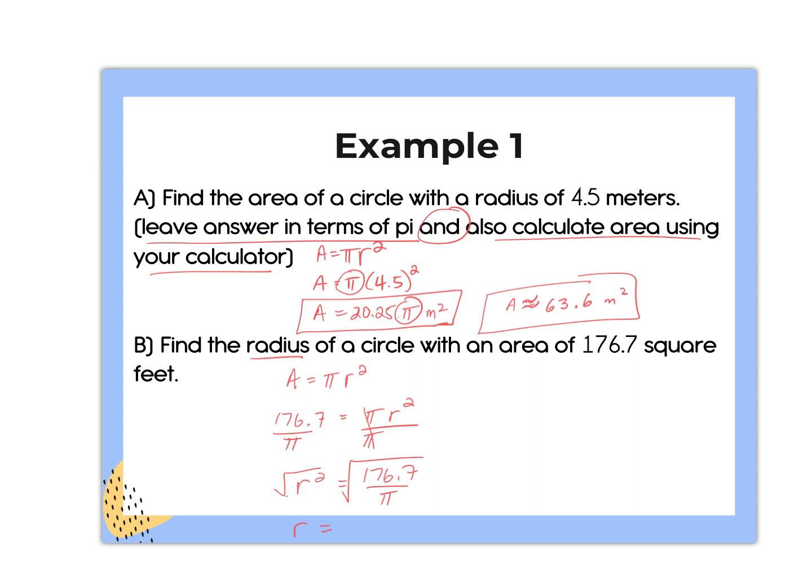So I go to my calculator, I do 176.7 divided by pi. I'm going to get that answer, and then I'm going to take the square root of that answer. And so my radius is going to be approximately equal to 7.5 feet. So again, you just do the math and you take the square root of r squared to get r isolated.